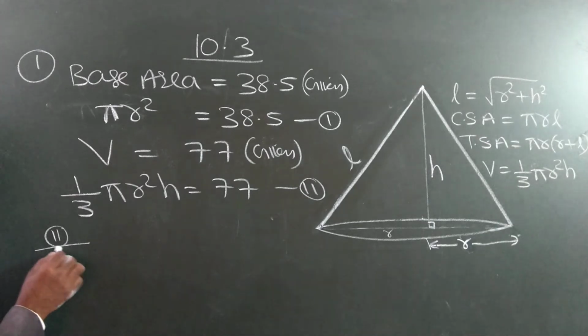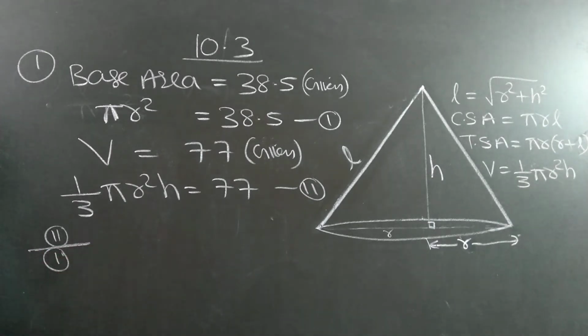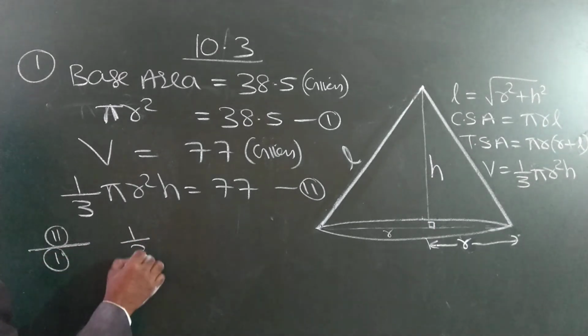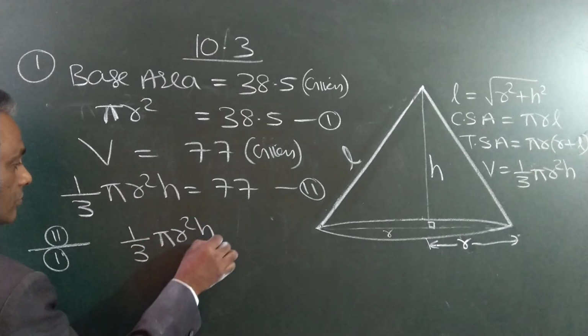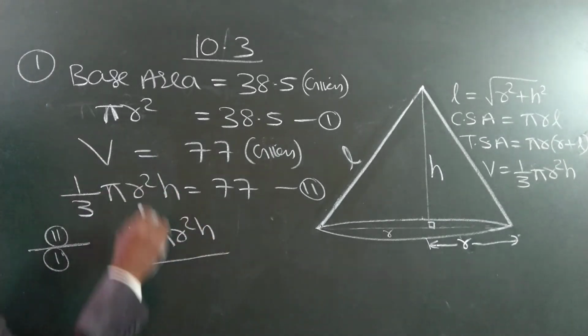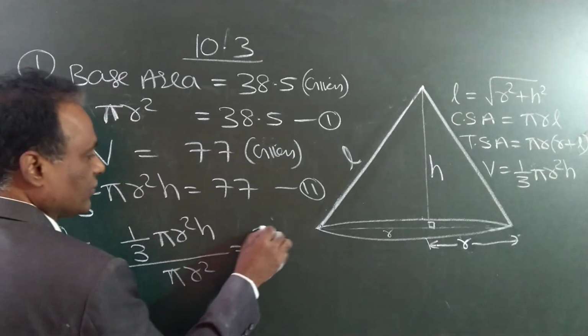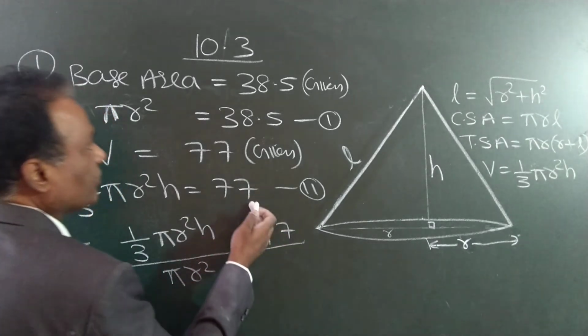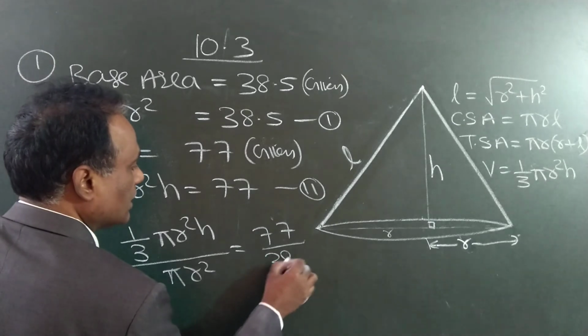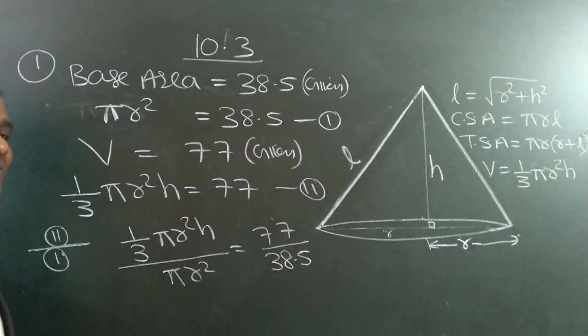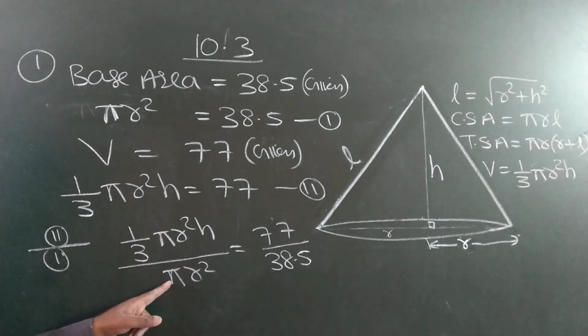Simply do this operation. Divide the second equation by first equation. Second equation you write in the numerator, first equation in the denominator. What is the second equation value? 77, by first equation value 38.5. Pi cancels.